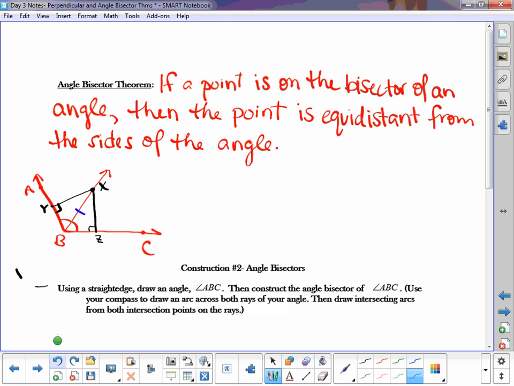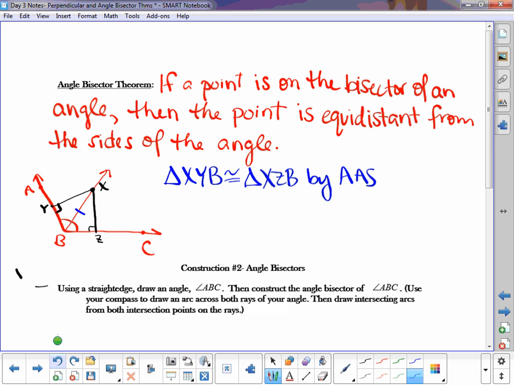Angle, angle, side. Alright, so I can say that triangle XYD is congruent to triangle XZB by angle, angle, side. Again, we had that reflexive property before there.